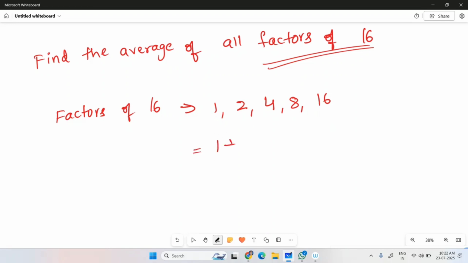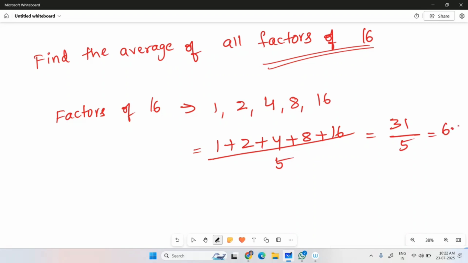So 1 plus 2 plus 4 plus 8 plus 16 divided by the total number of quantities, which is 5. If you add all together, we get 31. 31 out of 5 is 6.2. So the average of all the factors of 16 is 6.2.